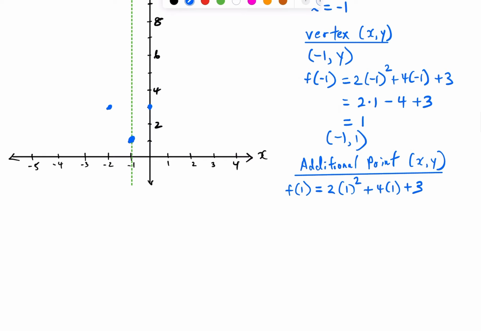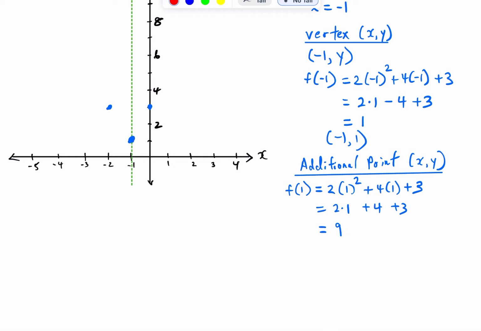And if we were to simplify this, this becomes 2 times 1 plus 4 plus 3, and this gives us a total of 9. So what we just did was, for a value where x is equal to 1, so this is our 1 over here, we plugged it into the equation and we got out a y value of 9.